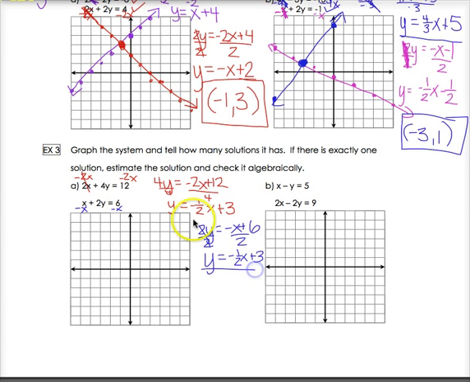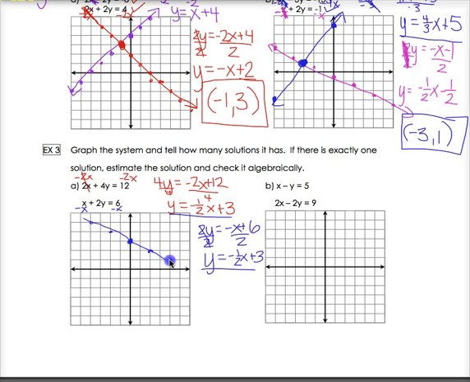Now if you look at these two equations, they're the exact same equation. So when you go to graph it, it doesn't matter whether I use red or blue, it's the same line. It has a y-intercept of 3, a slope of down 1, right 2, or up 1, left 2.